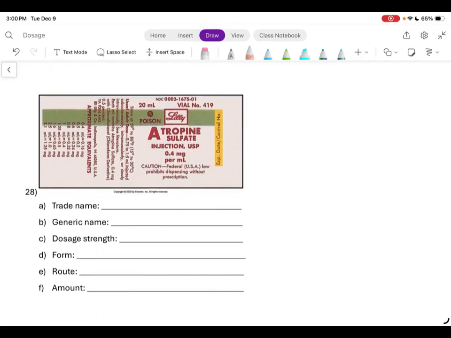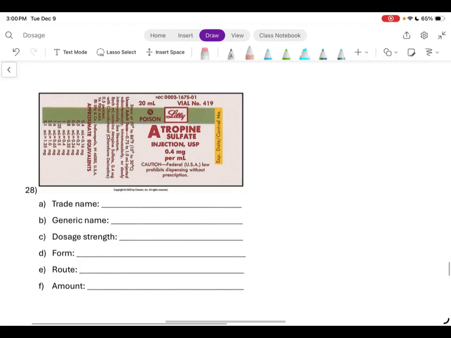Atropine. So this is like it's a mean label. I won't put it in the test, but there's actually no trade name, none. Your generic name is atropine. Your dose strength is 0.4 milligrams per milliliter, right? Form, liquid.